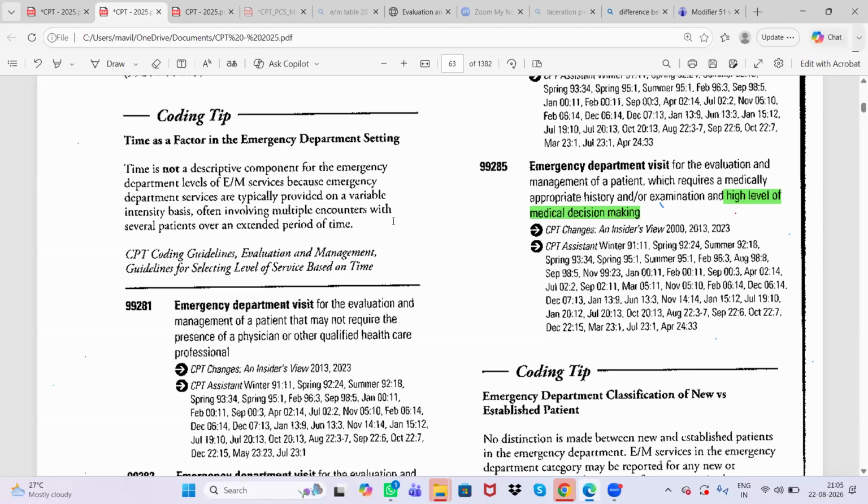Yes, ma'am. And what is a new patient and what is an established patient?